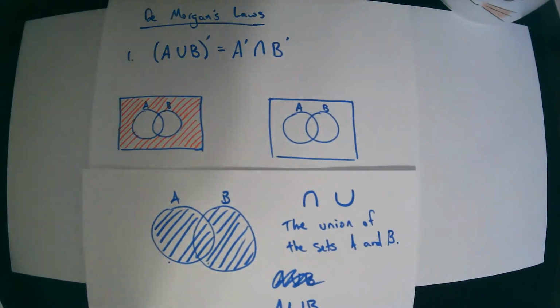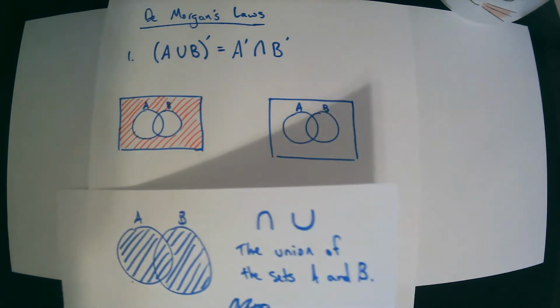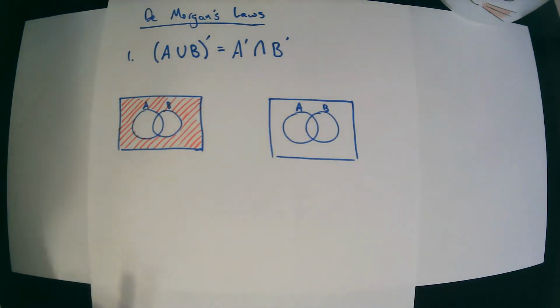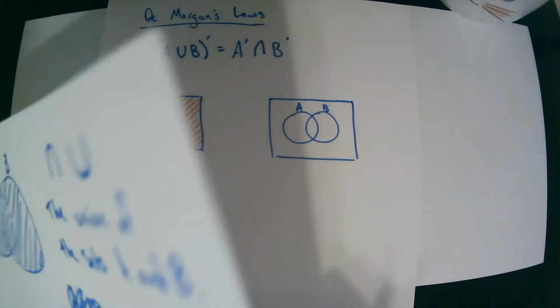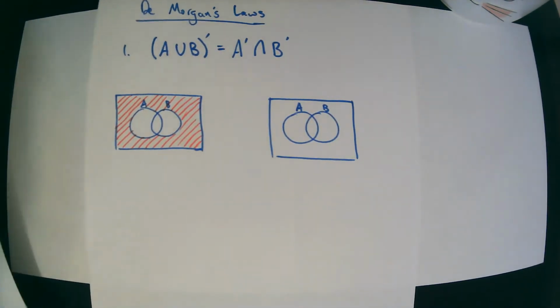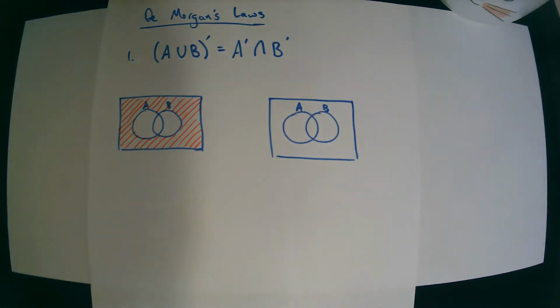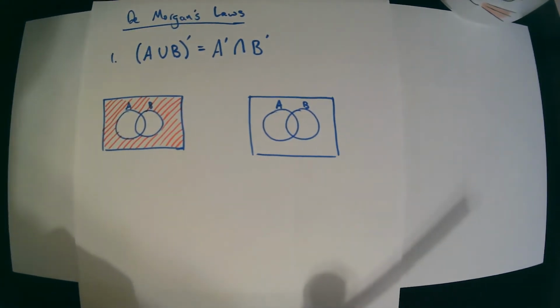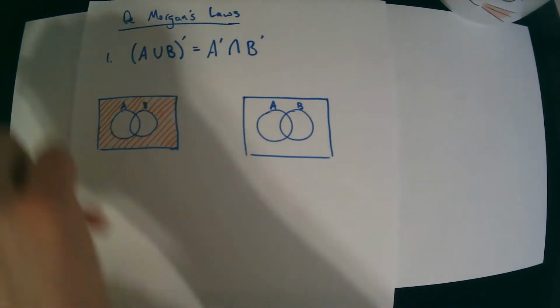Over here, I've got something a little bit more complicated. I've got the complement of A intersected with the complement of B. What is the complement of A?